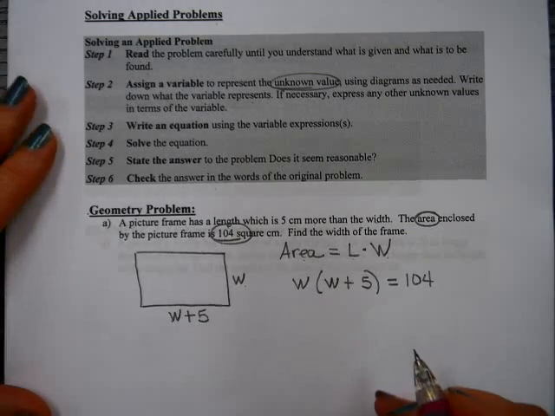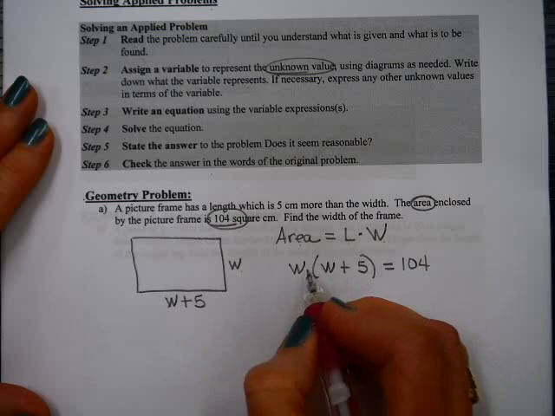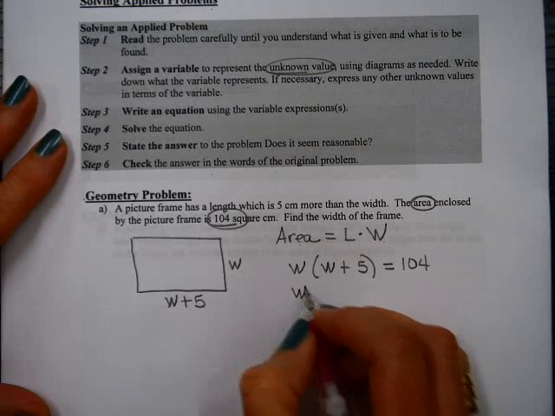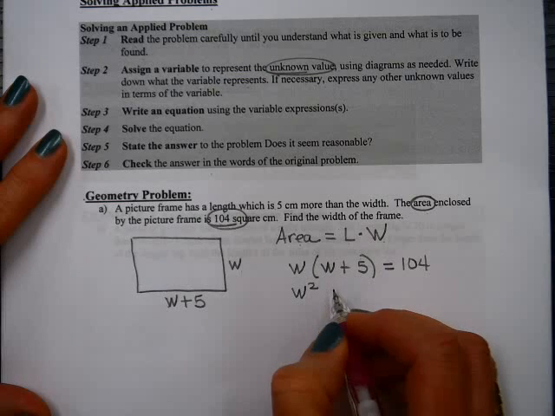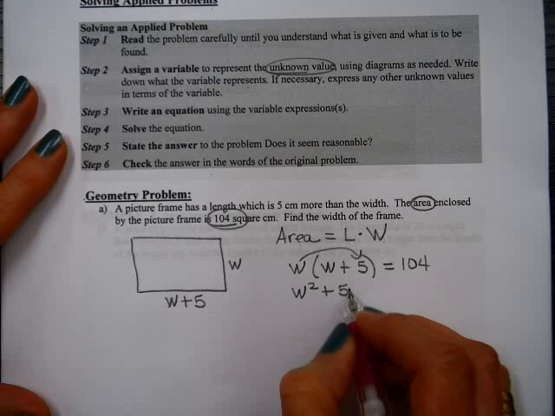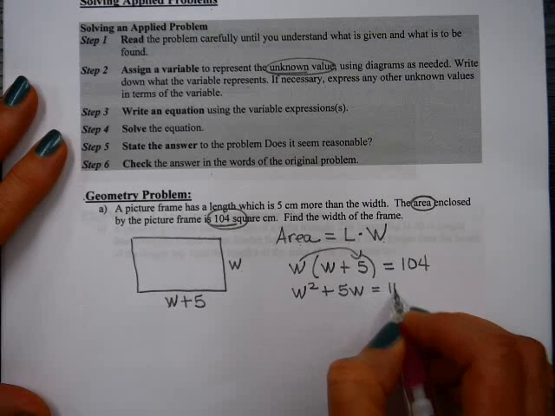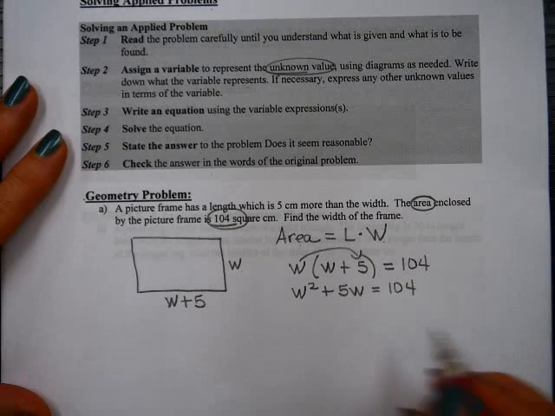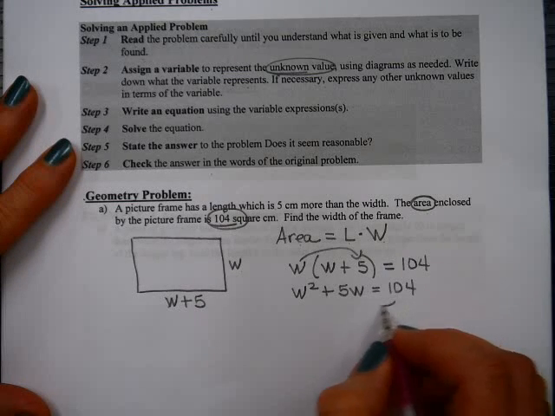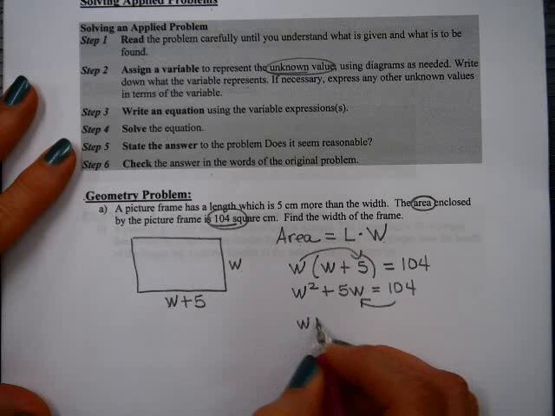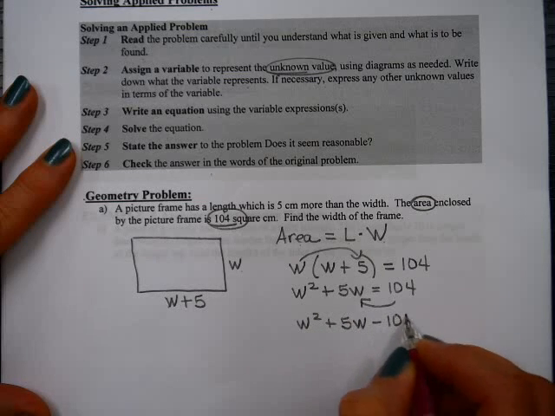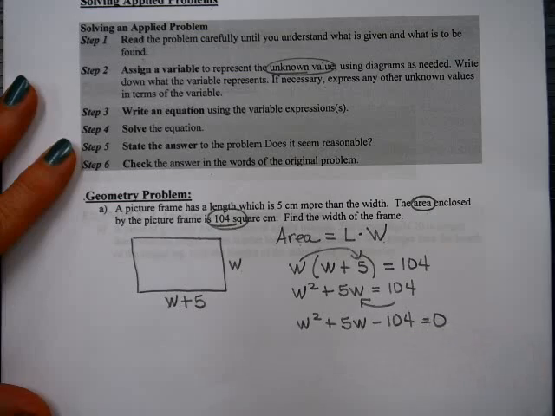Now this is a quadratic equation that we know how to solve. We're going to use our distributive property to get rid of our parentheses. W times W is W squared, plus W times 5 is 5W, is equal to 104. Remember, you have to put a quadratic equation in standard form, so let's subtract the 104 to the other side. W squared plus 5W minus 104 equals 0.